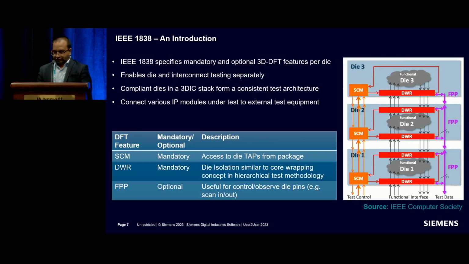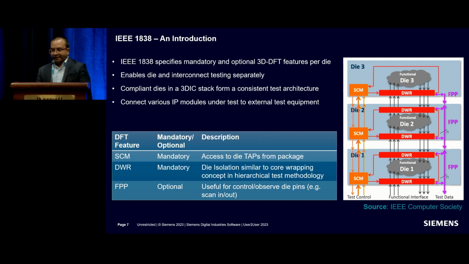So I talked about the access problem. What we have selected as a solution to solve the access problem is the introduction of IEEE 1838 as a baseline solution to make sure we can access each of the DFT structures. So I'll give a quick overview of what 1838 is.